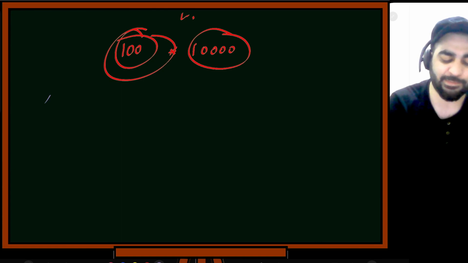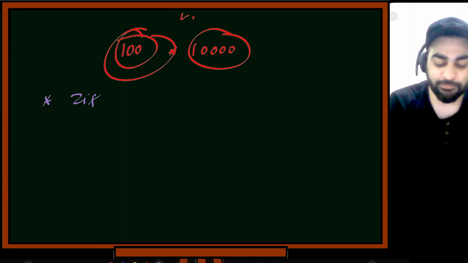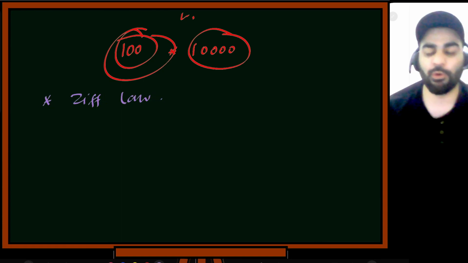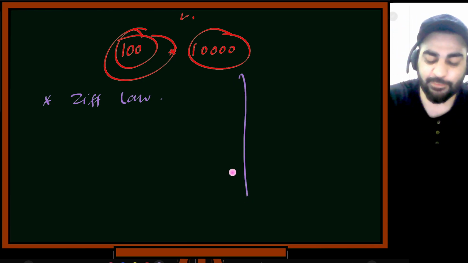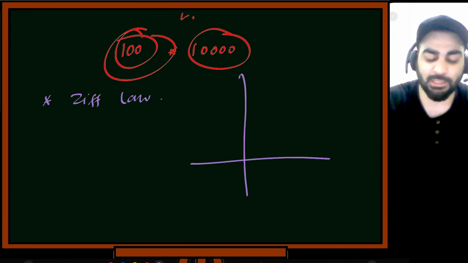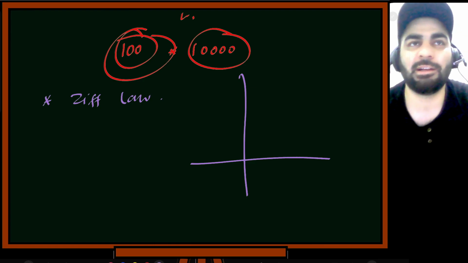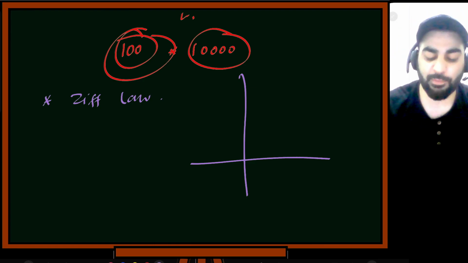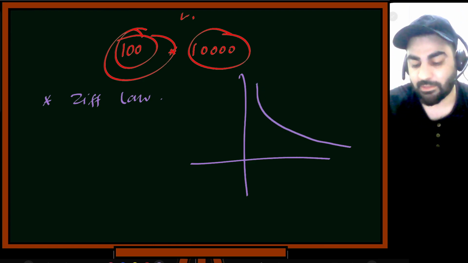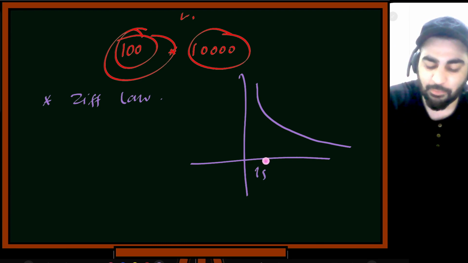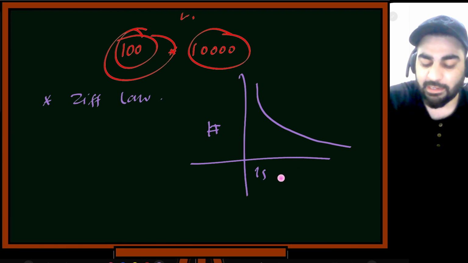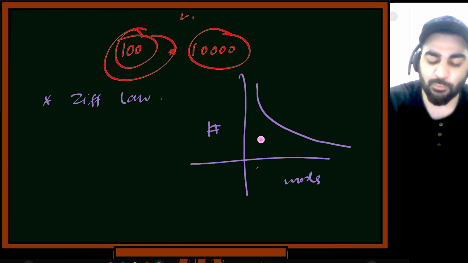There is something called Zipf's law. Zipf's law basically says that if you plot the words against their occurrences in documents, you will see a graph like this. Words like "is" are there in almost every document. Here we have the words, and this is the count of the words in the documents.